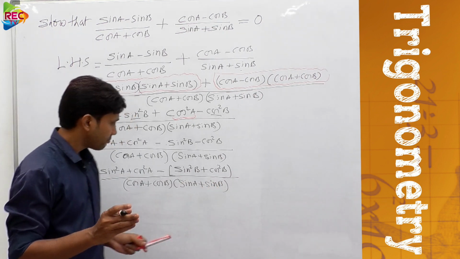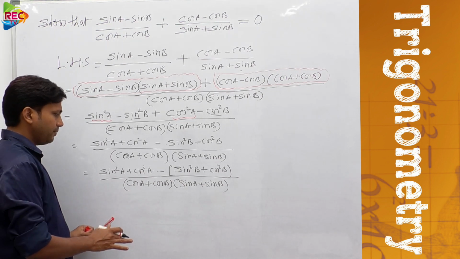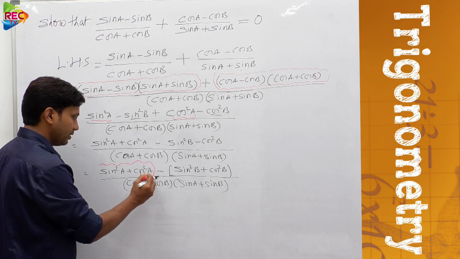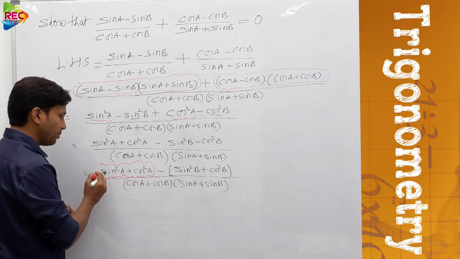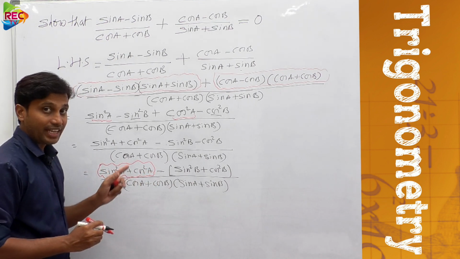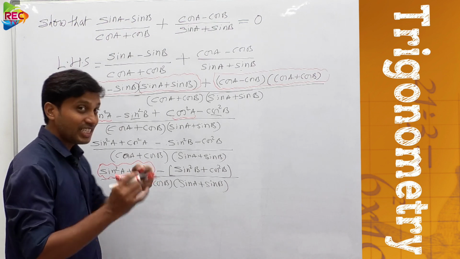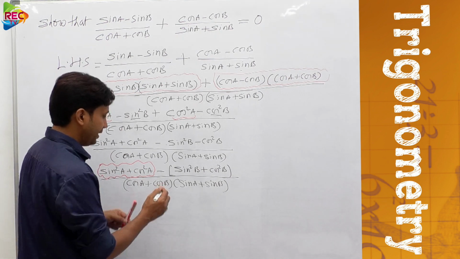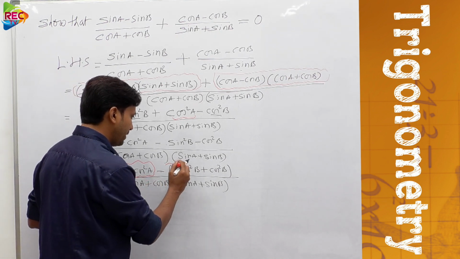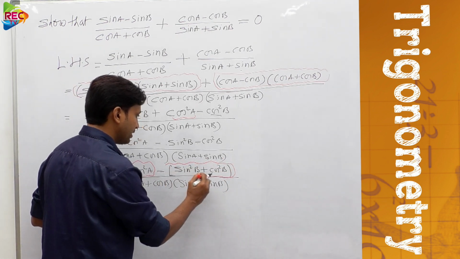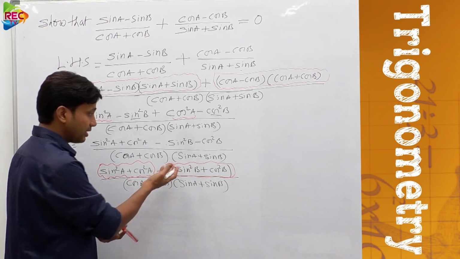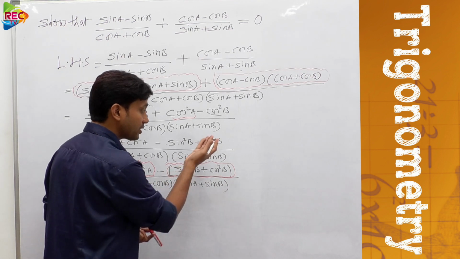Now just observe, is this an identity or not? This is representing a trigonometric identity. Sin square A plus cos square A means sin square theta plus cos square theta, which is 1. And here also, in this bracket, sin square B plus cos square B, this is also an identity. This is in the form of sin square theta plus cos square theta.